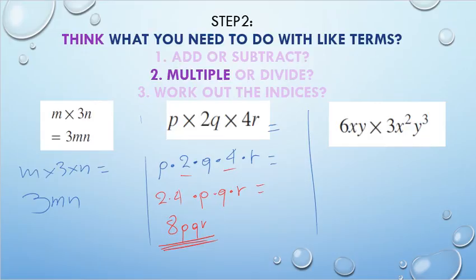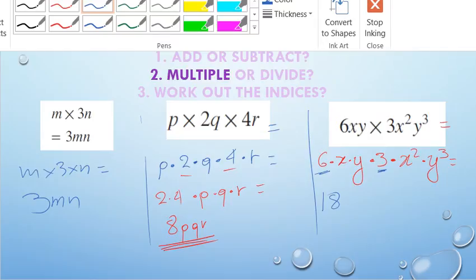Okay? Last but not least, let's open this and see how it works. I'm opening everything. 6 times x, times y times 3 times x squared times y cubed equals. First, my coefficients. So what am I multiplying first? This and this. So I go 6 times 3 equals 18. And now I go with alphabetical order with my x.